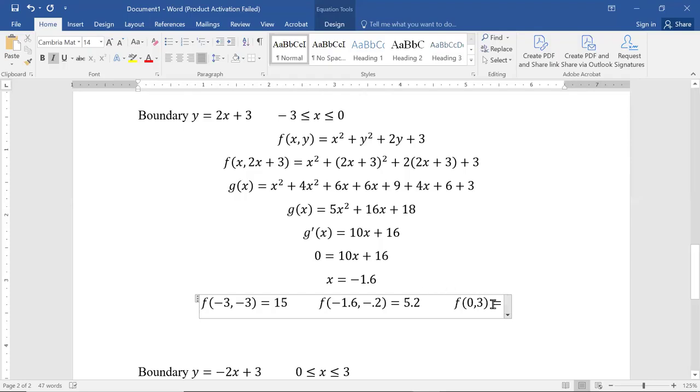When you plug in 0, 3, 0 for x, 3 for y, you get 0 squared plus 3 squared plus 2 times 3 plus 3, and you get an 18.